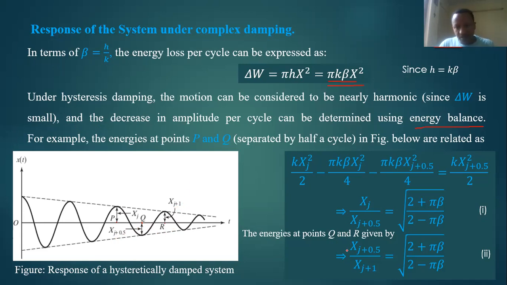Okay, so xj plus 0.5 over xj plus 1 is equal to the same ratio. It continues like this for every half cycle. The amplitude ratios continue like that for every cycle.